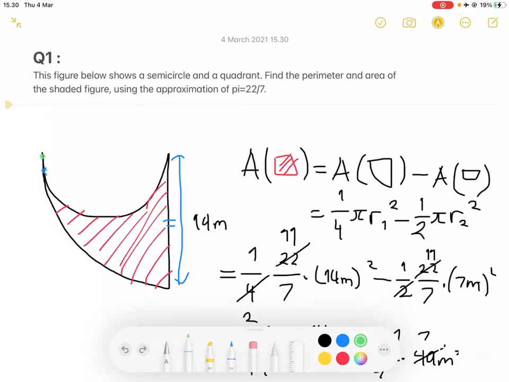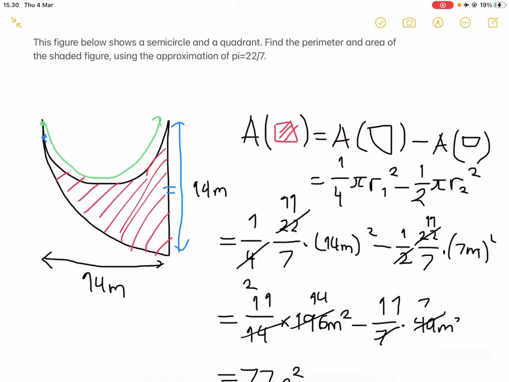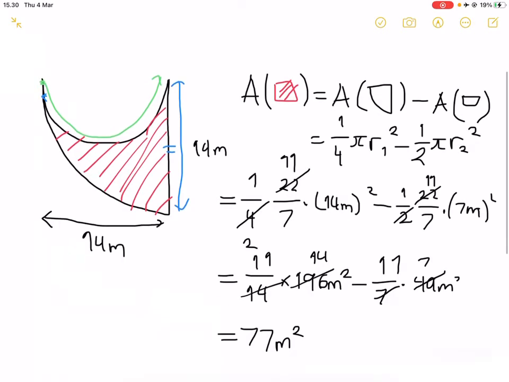So what I'm going to do is focus on one part of this journey, which is first on this arc right here. And keep in mind, this length right here is actually just the same as 14 meters. And this arc right here is actually half of the perimeter of a semicircle.